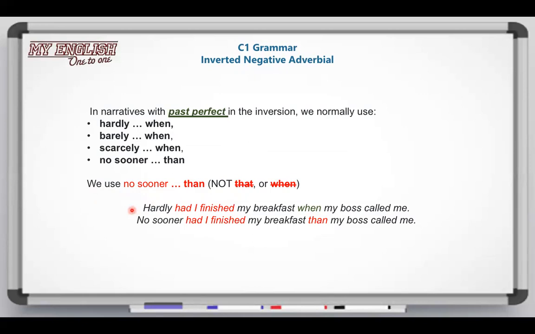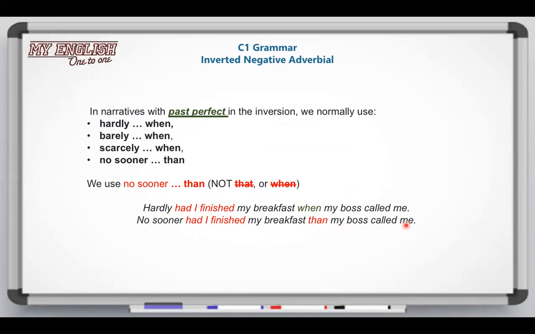Okay, so let's start with hardly. Hardly had I finished my breakfast when my boss calls me. So here you have the expression hardly and the expression when. As you see, we're using past perfect, as we've mentioned here. Another sentence is, no sooner had I finished my breakfast than my boss called me.